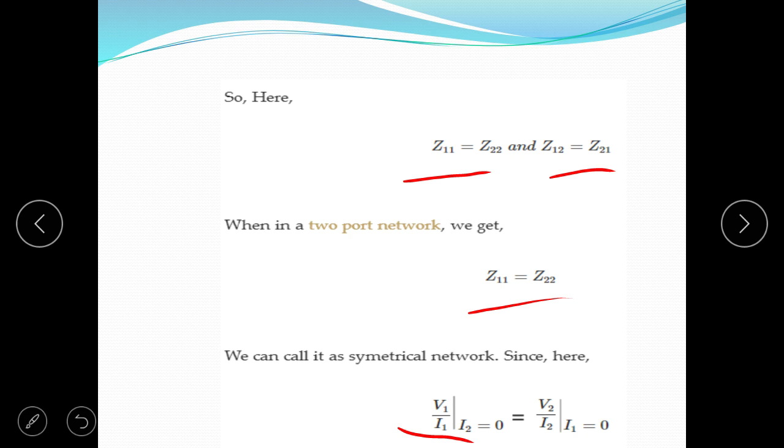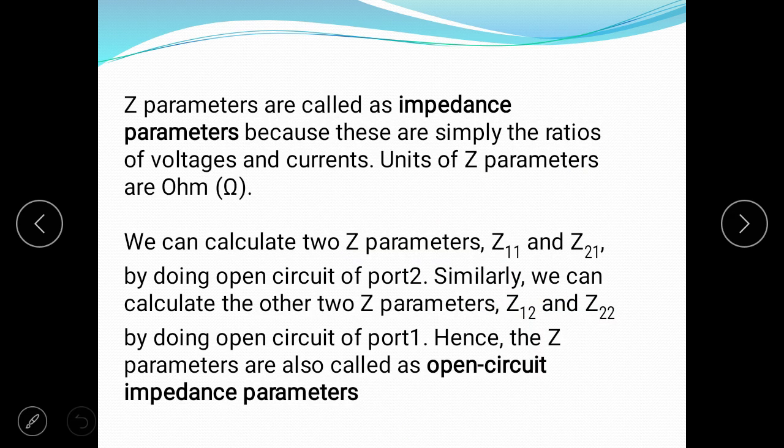Or when Z12 is equal to Z21, we say that the two-port network is known as a reciprocal network. Reciprocal network means the ratio of response to excitation at both the ports remains the same.